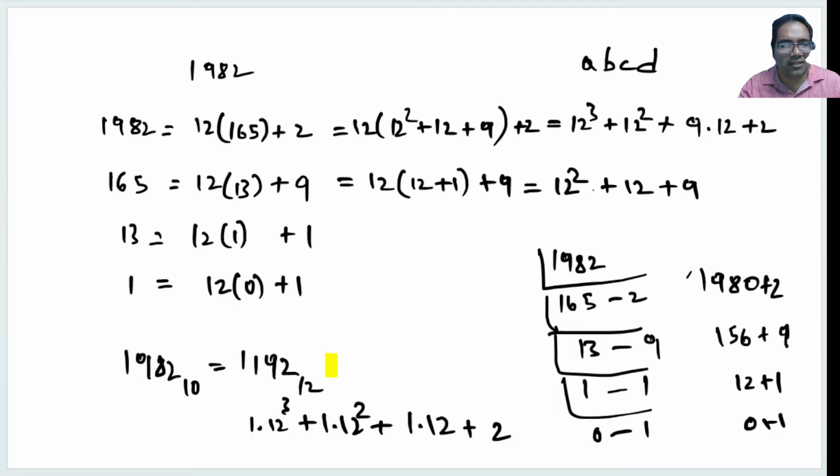Whenever you increase the base, a smaller number will represent a higher value. 1192 in base 12 is actually equal to 1982 in base 10.